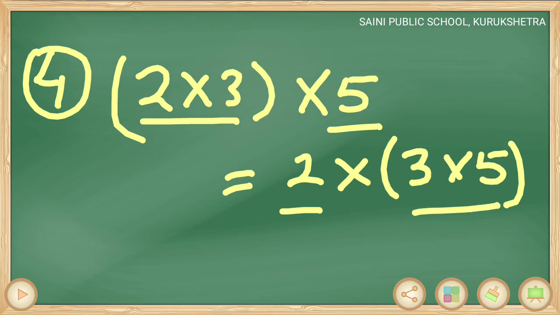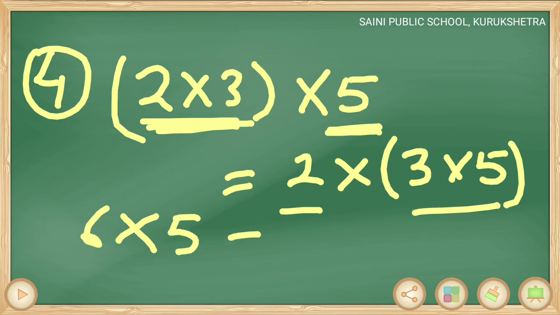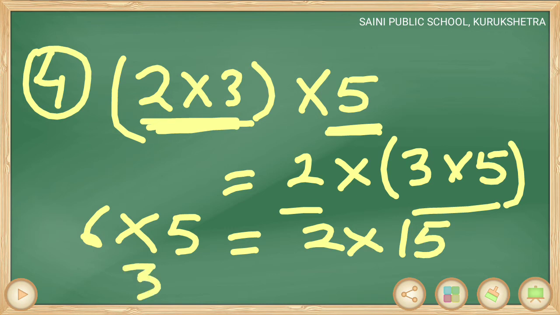Means if I first multiply two numbers, then multiply by the third number, is the answer the same? 2 into 3 is 6, and 6 into 5 is 30. Here 3 into 5 is 15, and 2 into 15 is 30. Our answer is the same. Means a change in grouping of three or more numbers doesn't change their product.